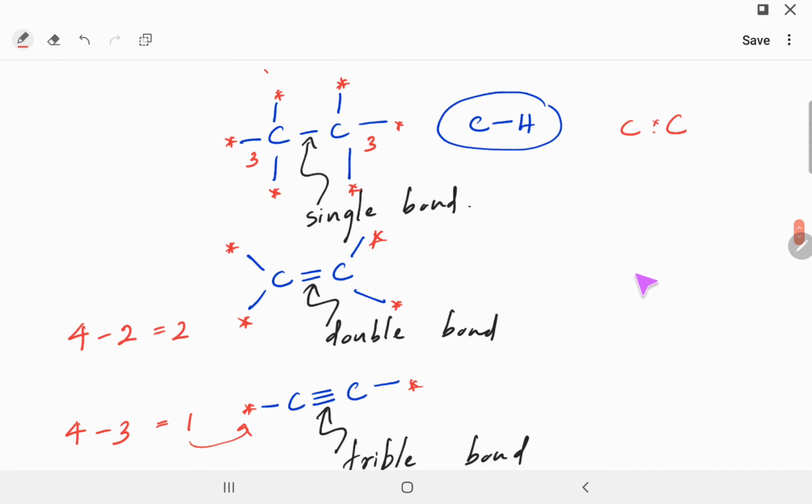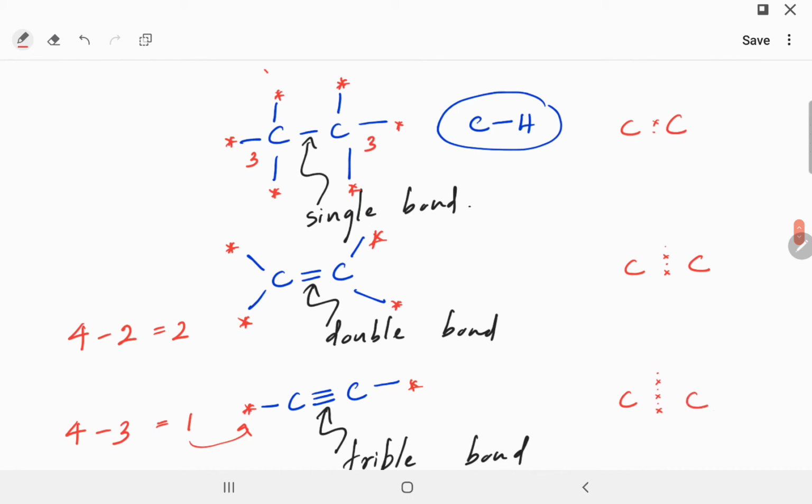You can also connect to another carbon using a double bond, which means you are sharing 2 pairs of electrons between each other. If you're making a triple bond, you are sharing 3 pairs of electrons. Of course, a dot is an electron from one carbon and a cross is an electron from the other carbon.